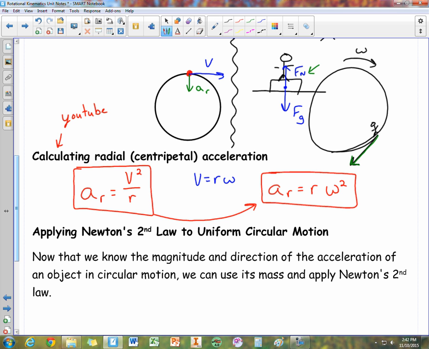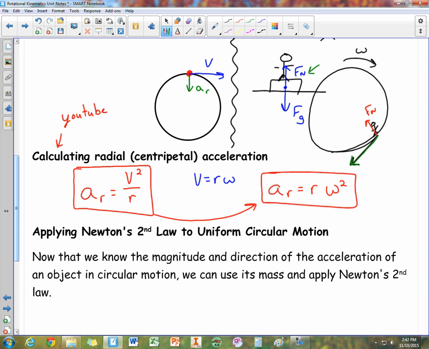However, the walls of this space station prevent you from following a straight line path. These walls provide a normal force. That normal force is preventing you from following a straight line path.